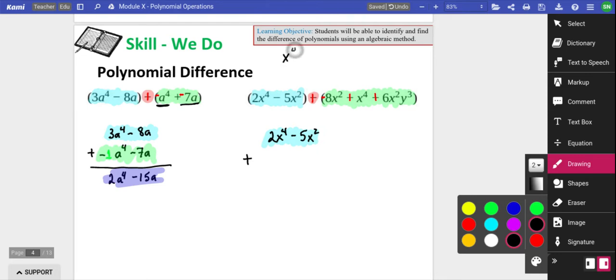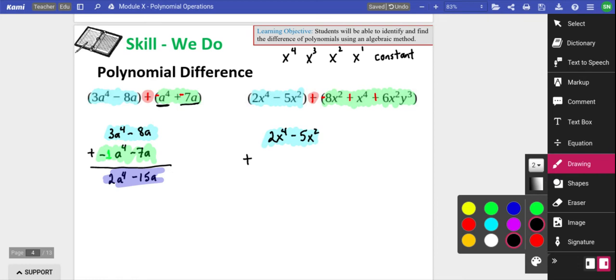For example, x to the fourth, x to the third, x to the 2, x to the no exponent means a 1, and then the constant, that means no letter, just a number. We always do in descending order, meaning the highest exponent first, second highest, third highest, and so on. So in this case, I did x to the fourth because the exponent is higher than x squared.